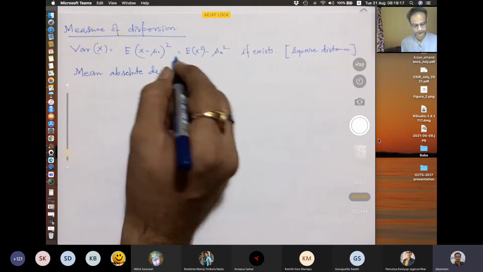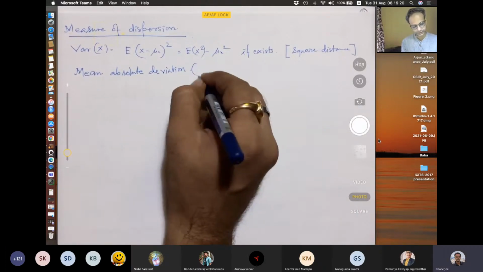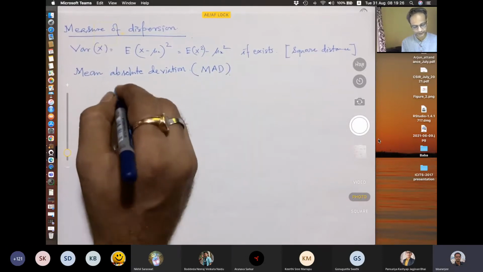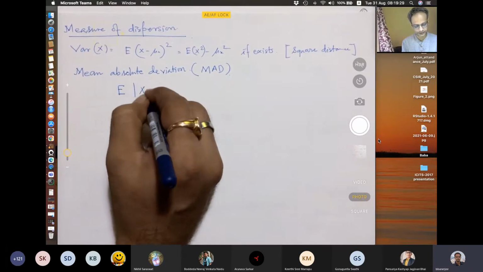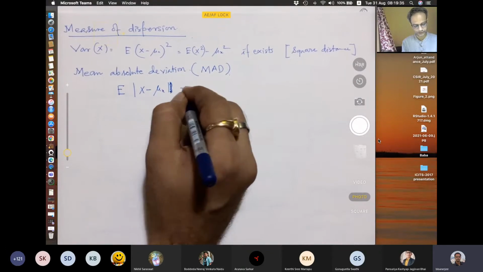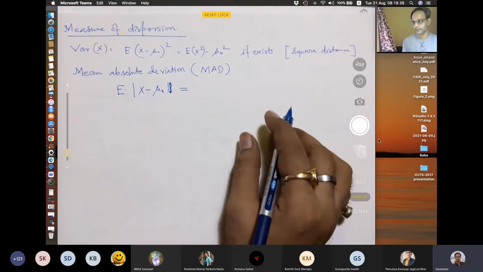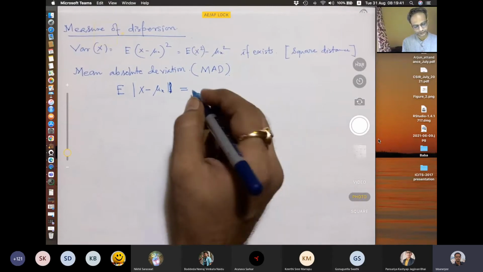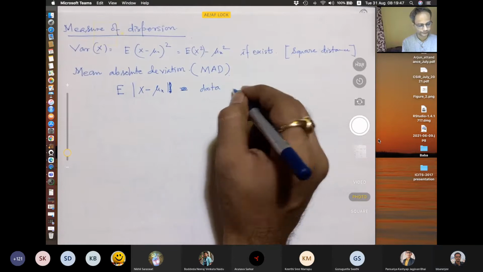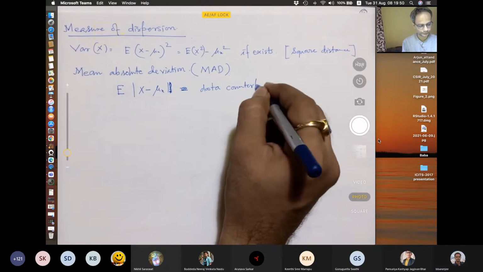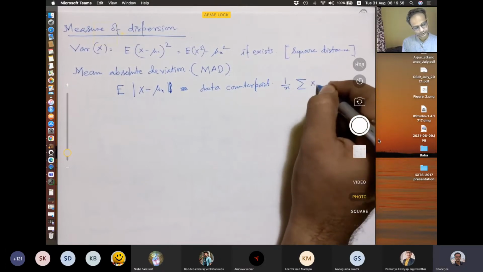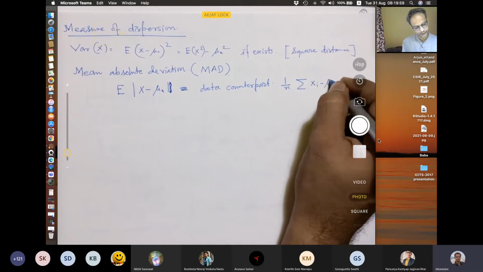So instead of square distance, we define what is usually written as MAD, the mean absolute deviation. The theoretical version is the expectation of |X minus mu_X|, and its data counterpart is 1 by n sum over |xi minus x bar|.